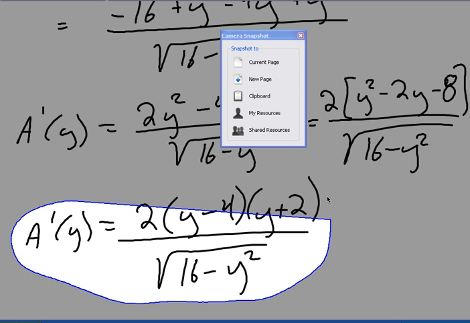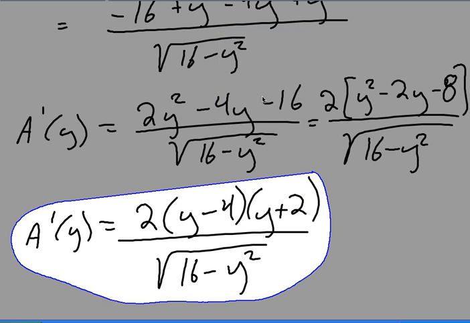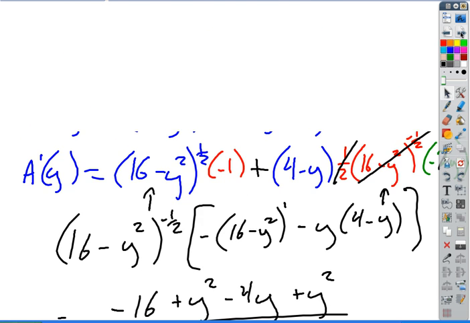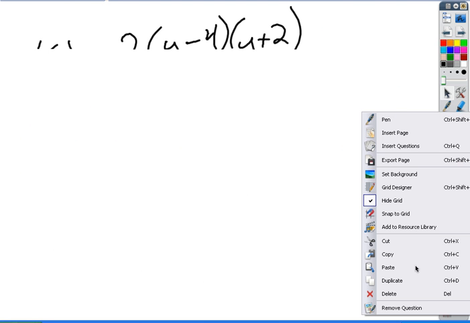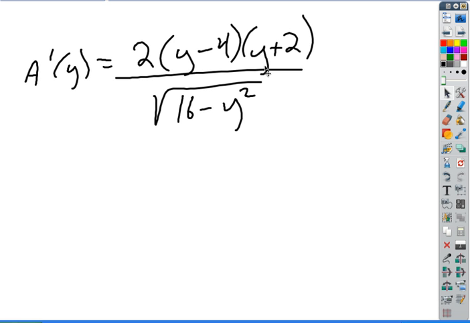Okay, so where are the critical numbers going to be then? Where would this function equal 0? Where the top equals 0, which would be at 4 or negative 2.